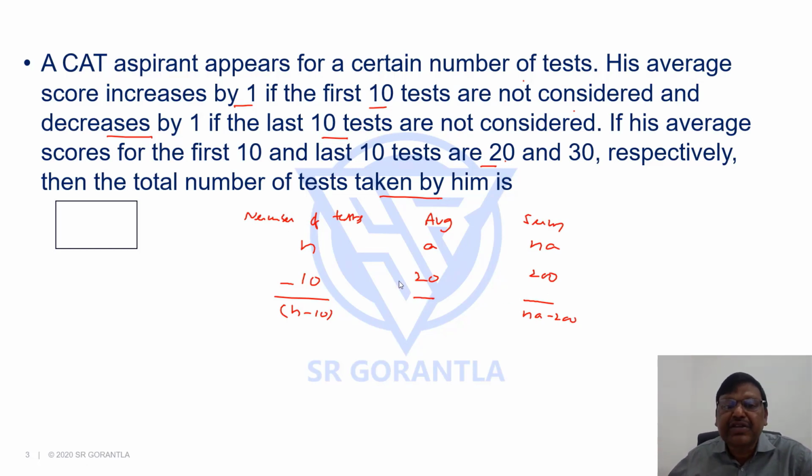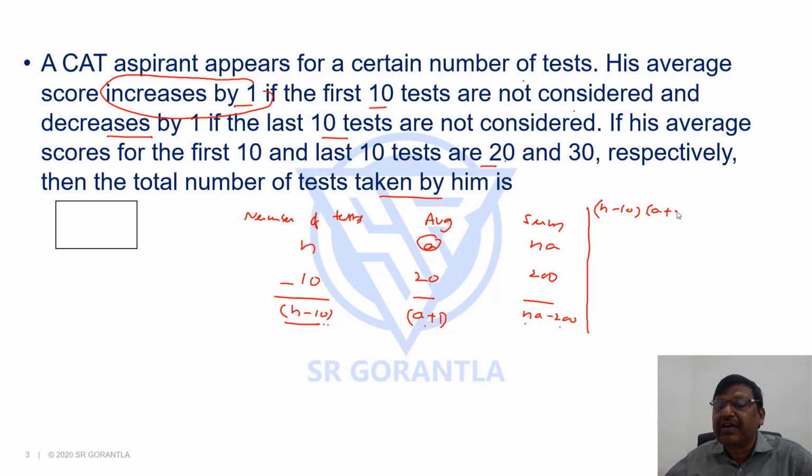But here the average is increasing by 1, which means if the original average is A, the new average is A plus 1. That means for these n minus 10 tests, the average is A plus 1, but the sum is NA minus 200. So the equation we can write is (n minus 10) into (A plus 1) equals NA minus 200.